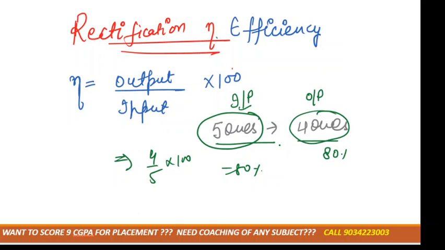Similarly, we'll do it in the case of rectifier, that output power is equal to input power, right? Tell me, what is the output power in this case? No, I'm asking in terms of rectifier.